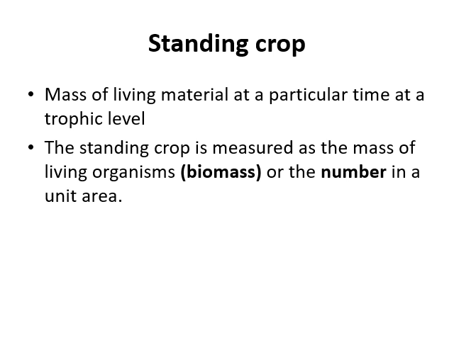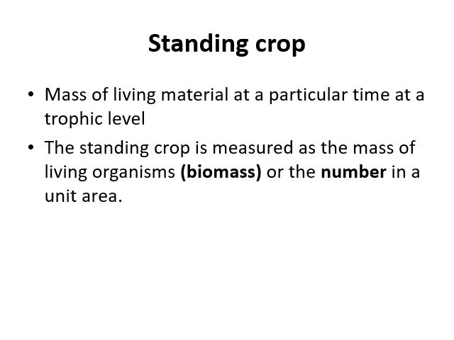Now let us discuss standing crop. Standing crop is the mass of living material at a particular time at a trophic level. So at a particular time, all the amount of organic material which is present is called standing crop. And standing crop is measured as the mass of living organisms or the number in a unit area.